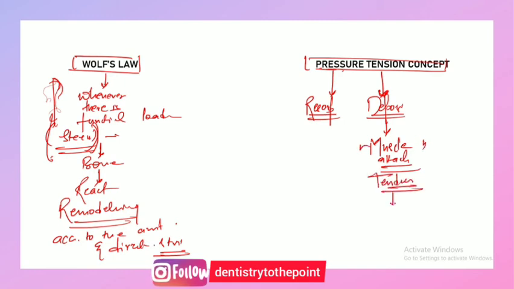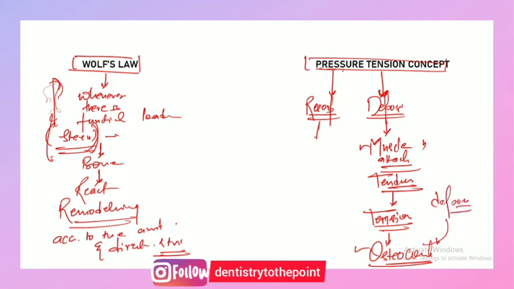In this area, whenever force is applied, it is going to create tension which has osteoconductive properties, so it is going to initiate bone deposition. Whereas when you apply pressure, the direct force is directed towards bone, there is no tension created, which is going to cause resorption ultimately, right? So this is Wolff's law as well as the pressure tension concept.